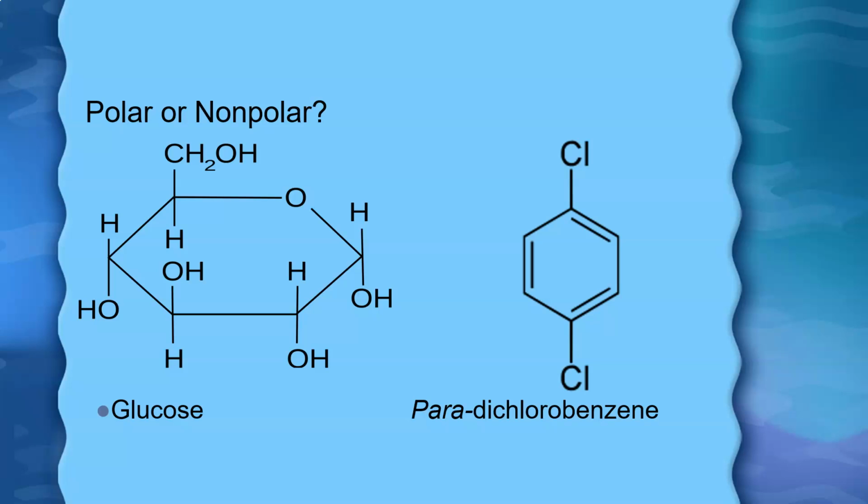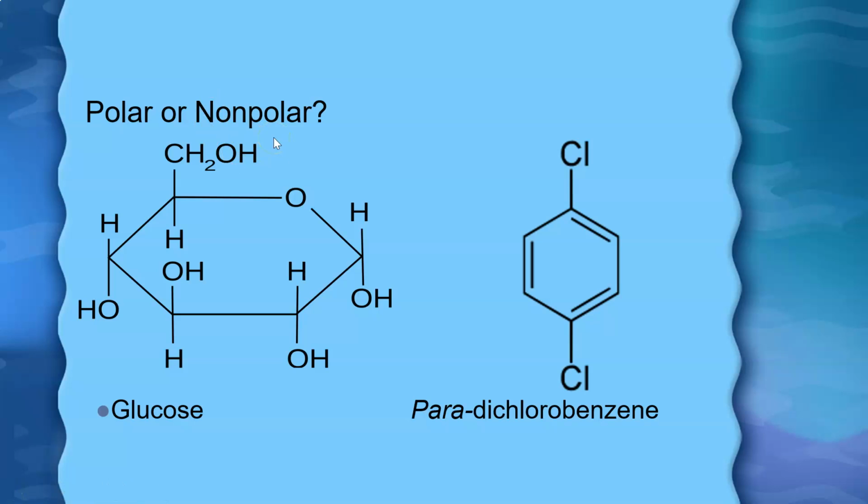The first thing, remember, I have to do is decide if I have some polar bonds. Clearly in glucose, I absolutely do have polar bonds. I have carbon-oxygen bonds. Each one of these vertices on this is a carbon. And I have lots of OH bonds here. Those are definitely polar bonds.